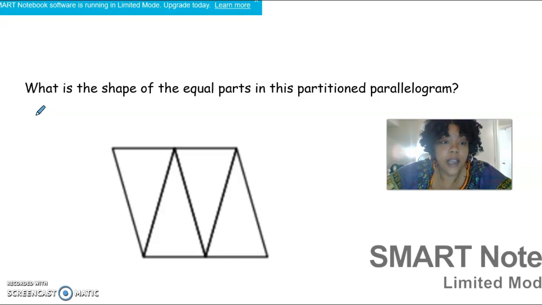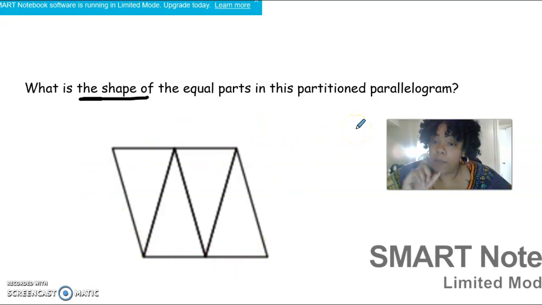Awesome. Now, I have to identify the shape of each equal part. I know the name of the whole is what? Go back to the question. The name of this whole is parallelogram.